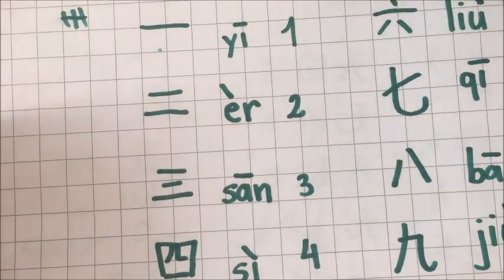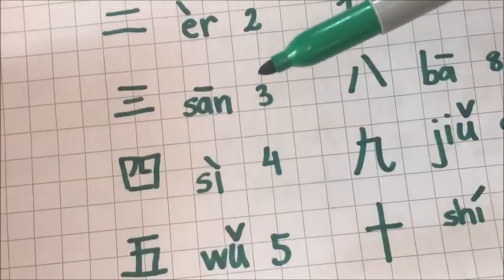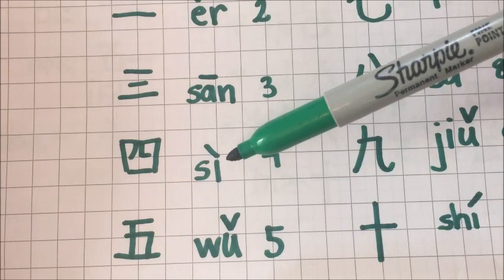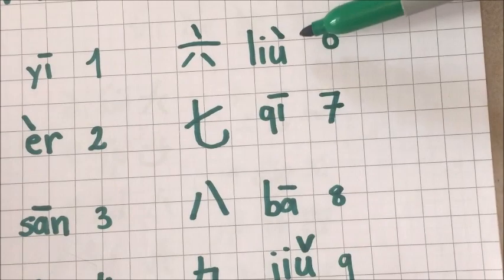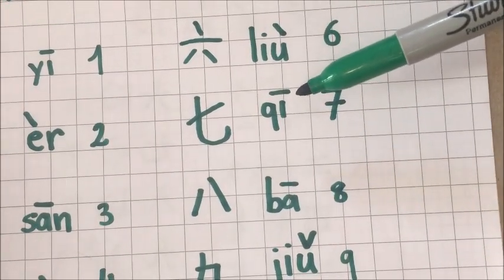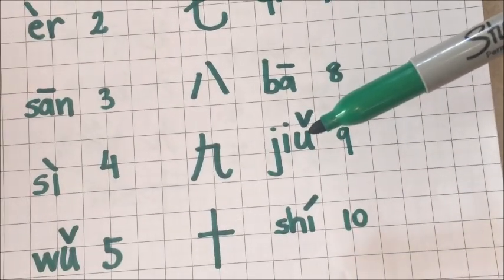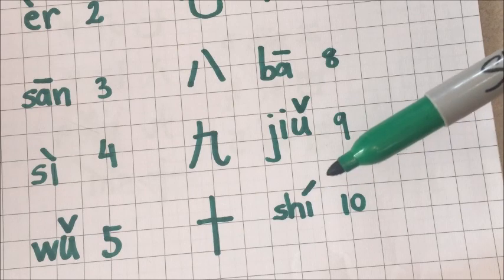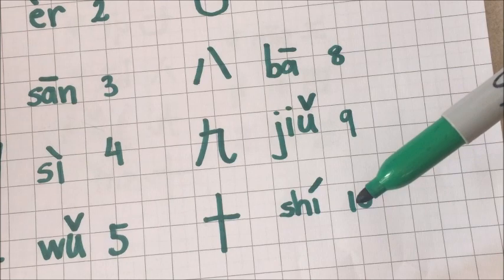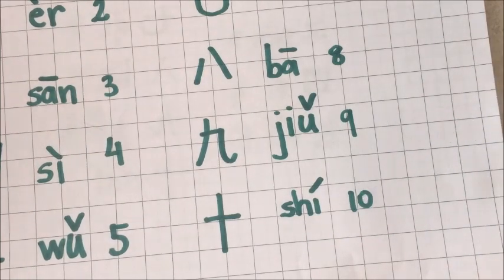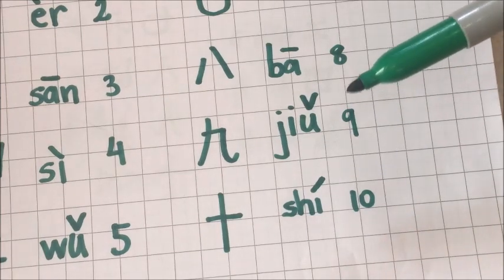So it's 1, 2, 3, 4, 5, 6, 7, 8, 9, 10. Just as an example, shi with the fourth tone means the verb to be. 10 is shi. Shi is to be.